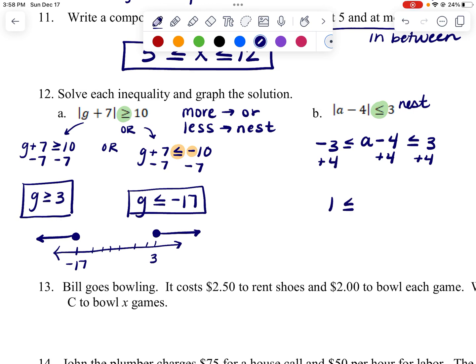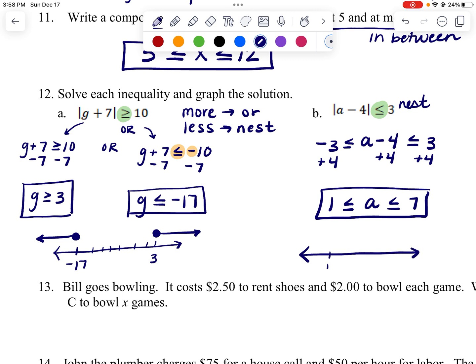So I get 1 is in between a and then 7. Again, graphing this one, they're both closed circles, 1, 7, and the A is in between, so we connect in between them.